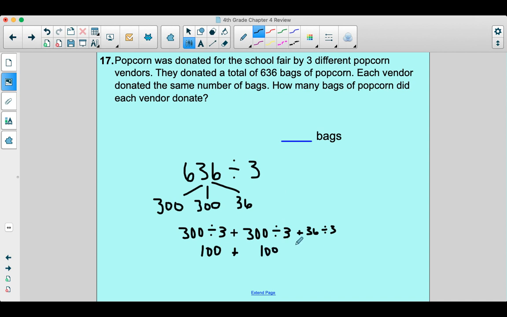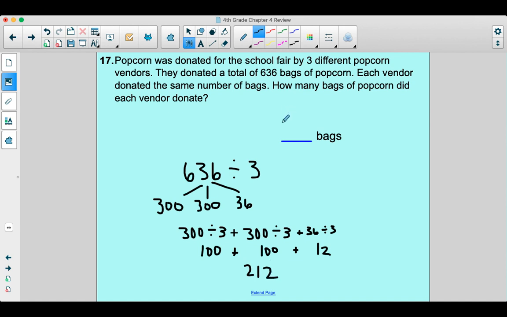And then 36 divided by 3, I'm thinking about 30 divided by 3 and then 6 divided by 3. So I know that 36 divided by 3 is going to be a combination of those basic facts, which is 12. So I now know my answer is 100 plus 100, 200 plus 12. My answer is 212.